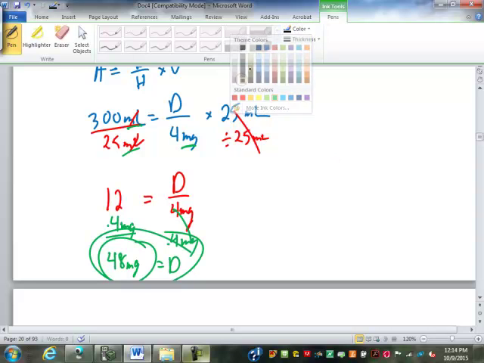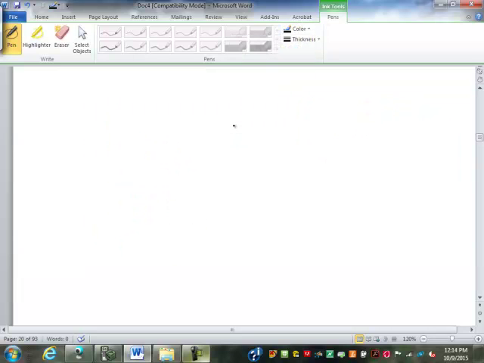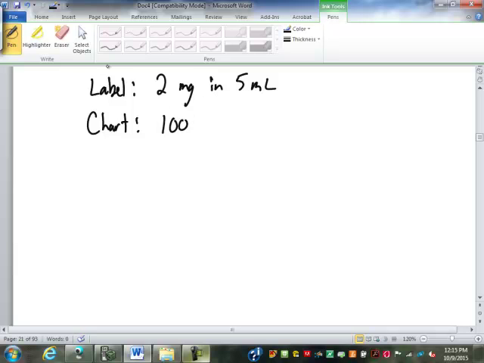For example, let's say that the label on the bottle is, again, 2 milligrams and 5 milliliters. And on the chart, what was administered is, let's do this. We get a little practical.